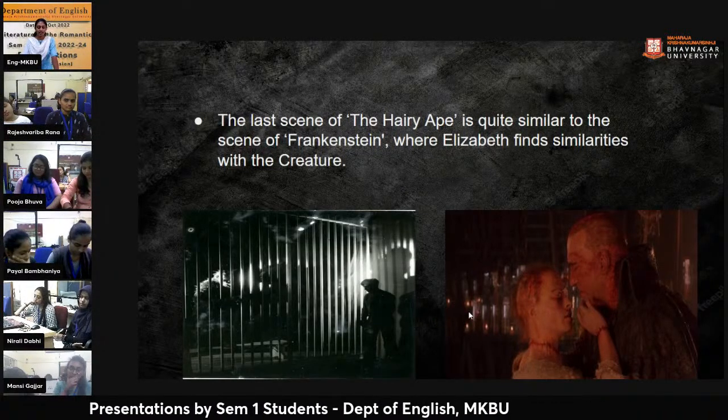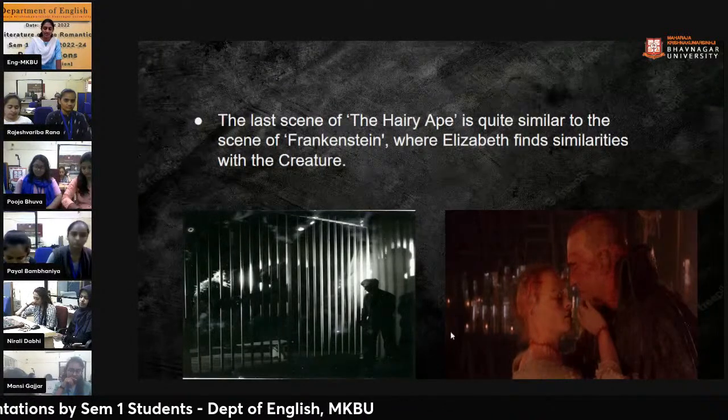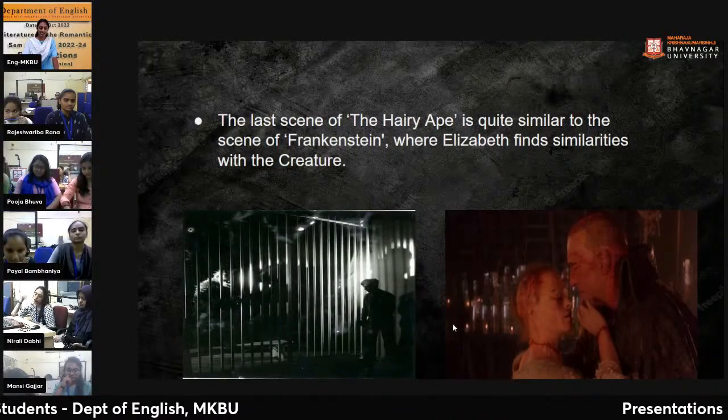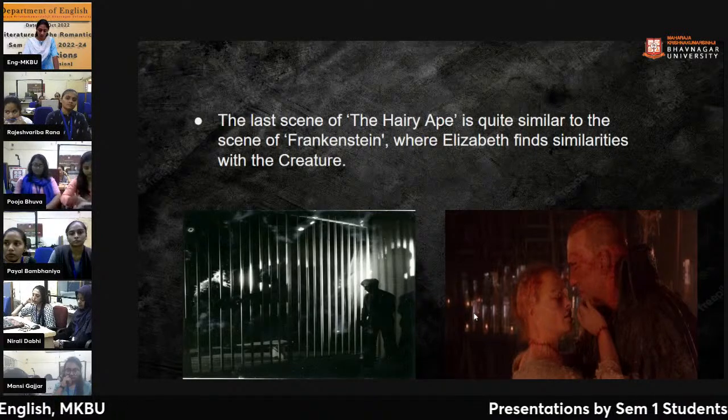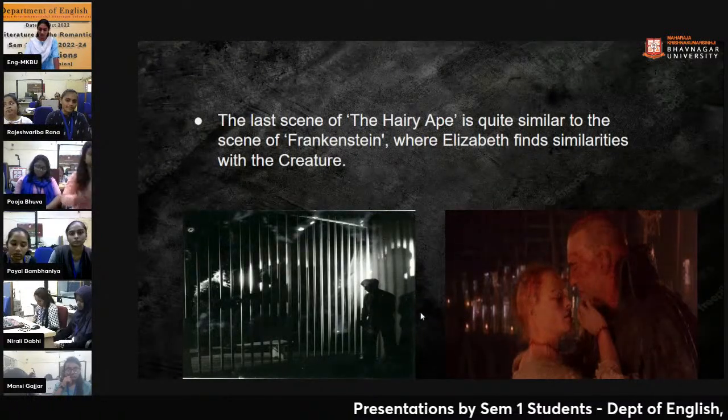So in both these scenes we can find that there is someone who belongs to them, no one else, not even society.